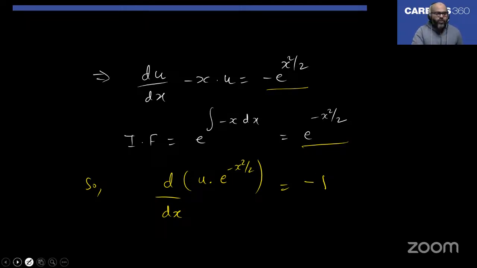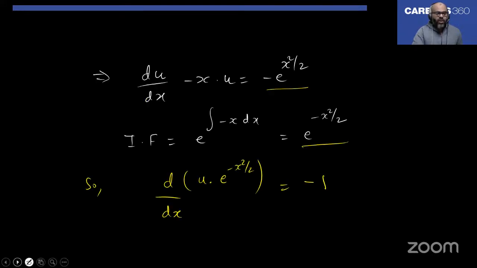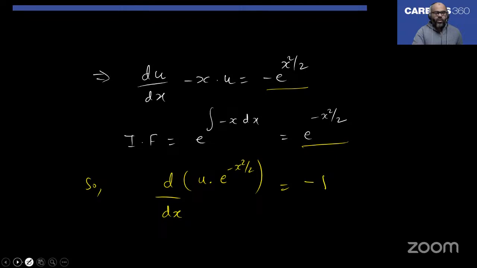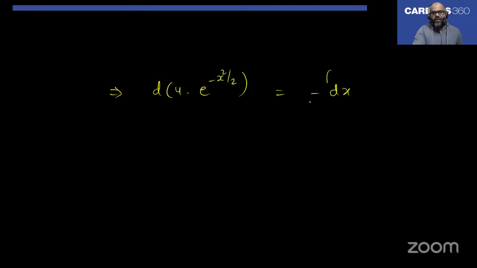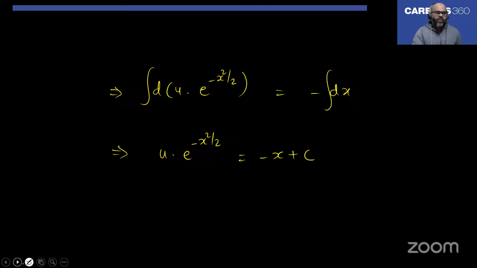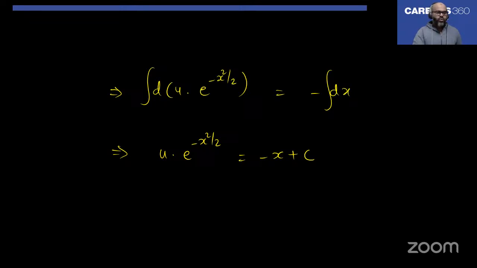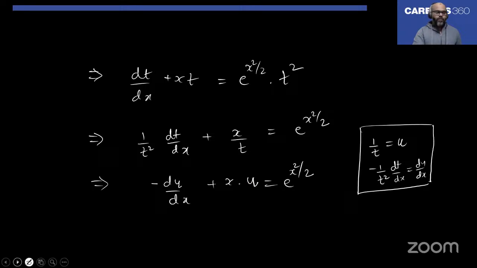Right. So this becomes derivative of u into e to the power minus x square by 2 is equal to minus dx, and we integrate. So we get u into e to the power minus x square by 2 is equal to minus x plus c. Now we have done substitutions, so we have to substitute back. What we have done, u we have taken as 1 by t.